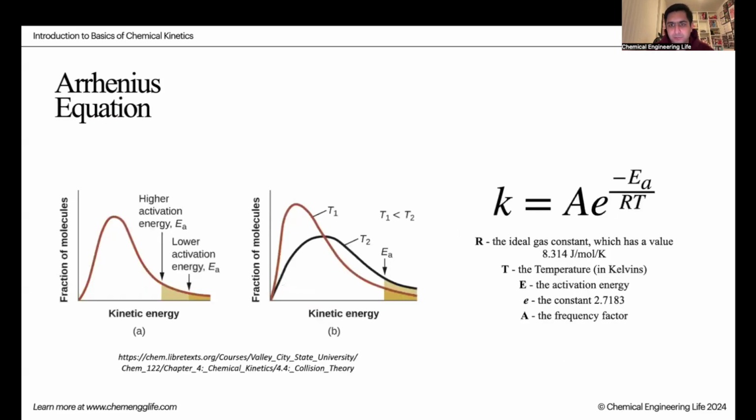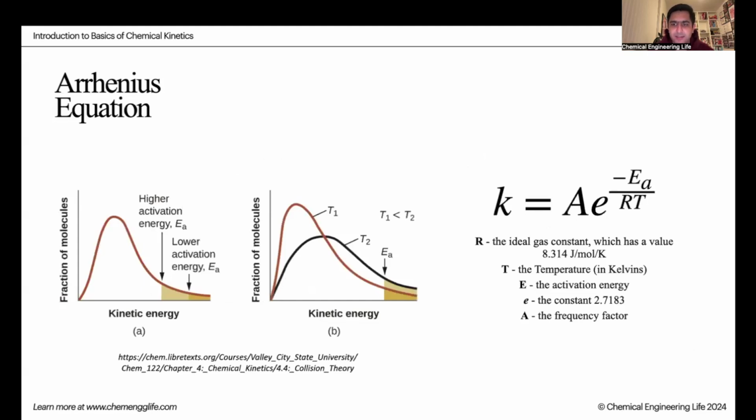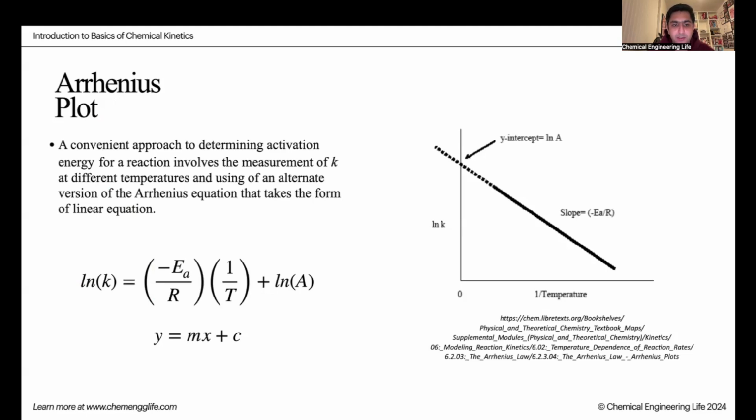Now, the Arrhenius equation can actually be used to plot something called the Arrhenius plot. And it's derived directly from this expression. If you take the natural log of the entire equation, you will end up getting something that looks like this.